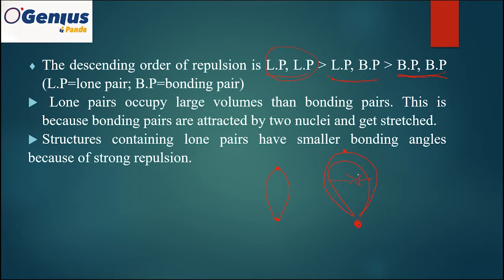Also, structures containing lone pairs have smaller bonding angles because of strong repulsion. When you have more lone pairs, the bonding angle between bond pairs will always reduce. The number of lone pairs increases and the bonding angle decreases.